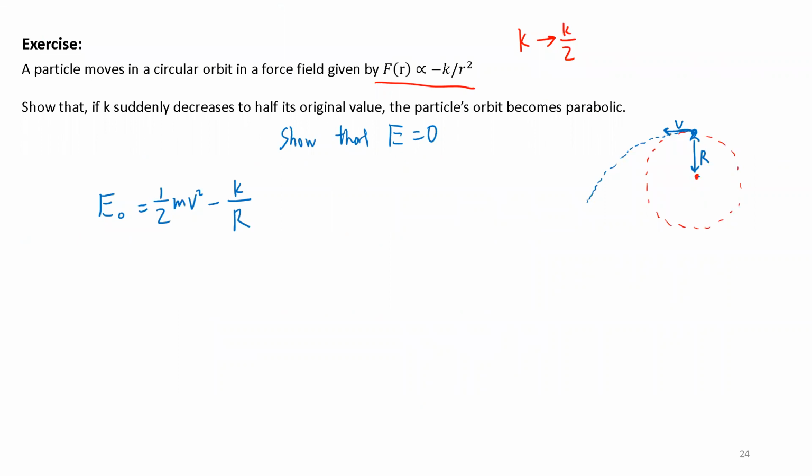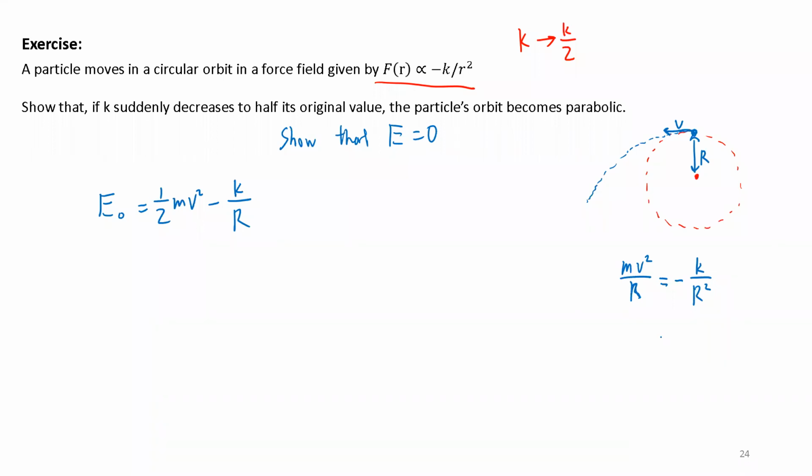When you learned about circular motion, you remember that this centripetal force mv squared divided by r has to be equal to this attractive force, minus k divided by r squared.